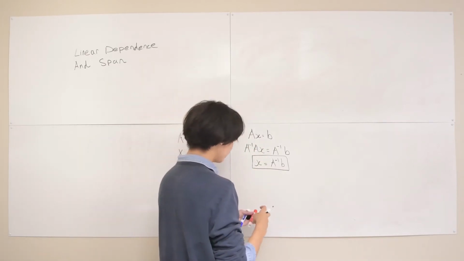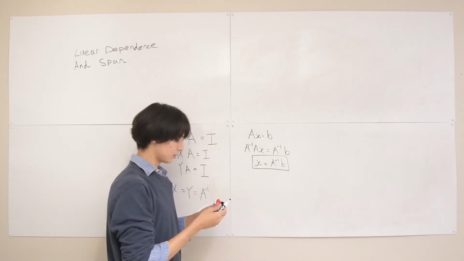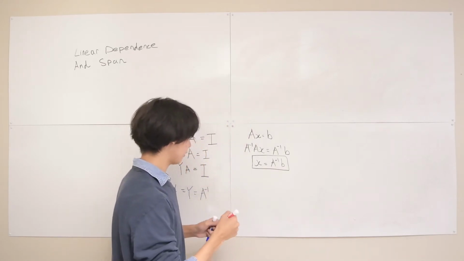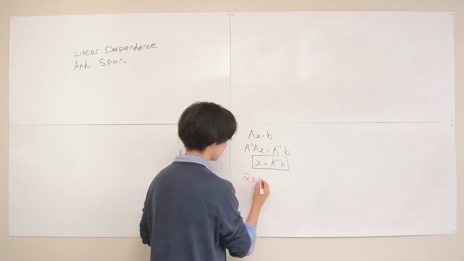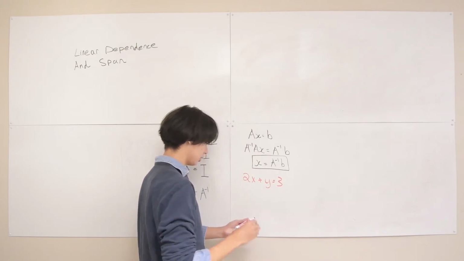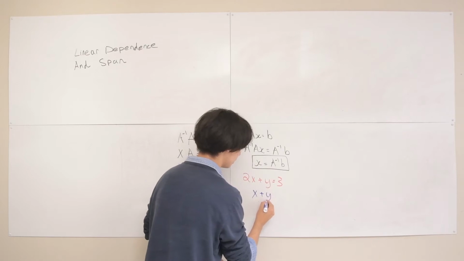So first, let's take an example. It's going to be the same example we talked about last time. I got the colors ready too. Say we have our first equation here: 2x plus y equals 3. And then we have another equation here: x plus y equals 2.